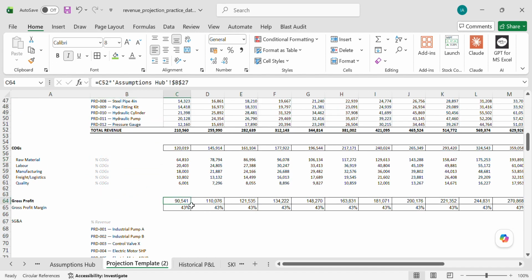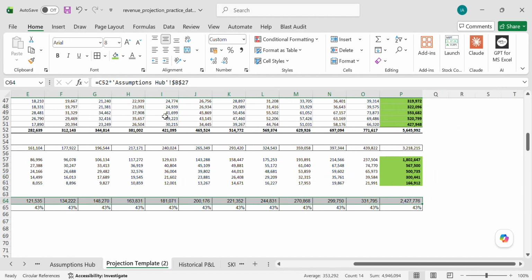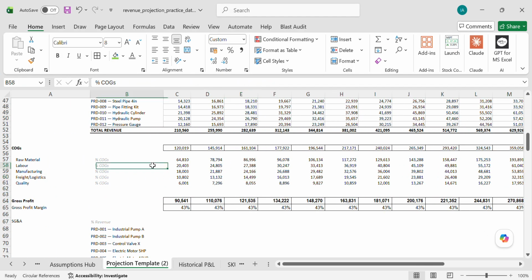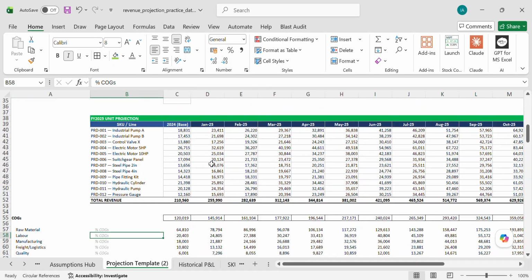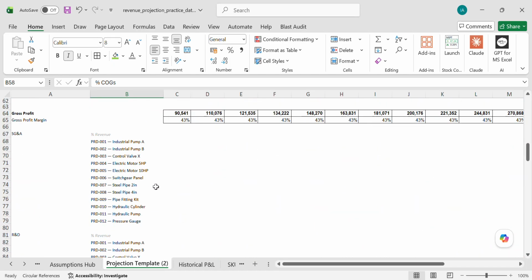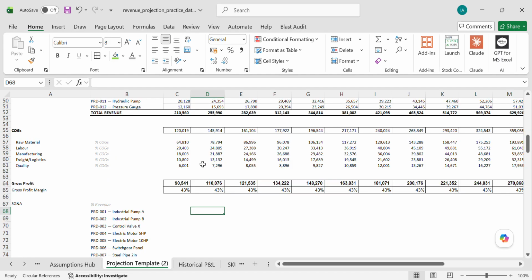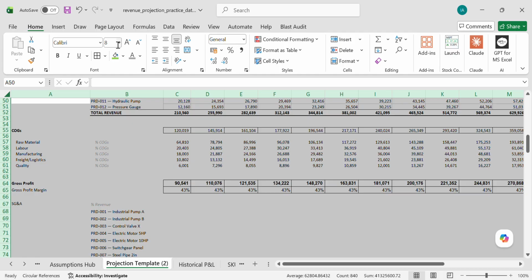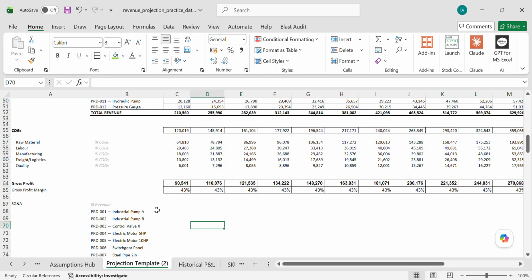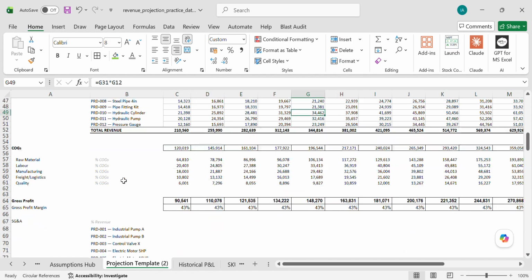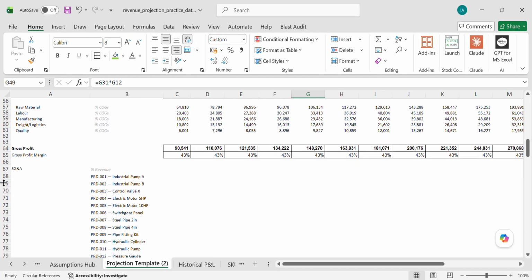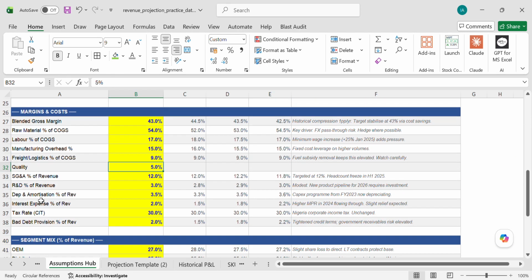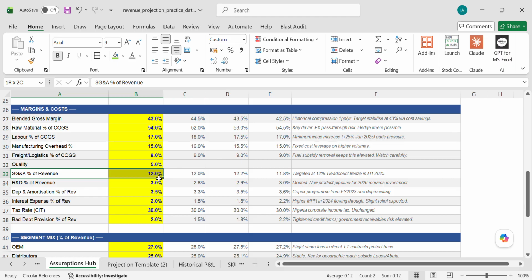Alright, so we have our costs. You can do the same thing. Selling is a percentage of your revenue. Let's see, what is it? Selling here is a percentage of your revenue, which is the 12%.